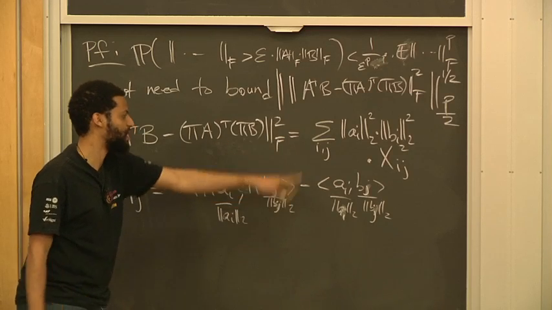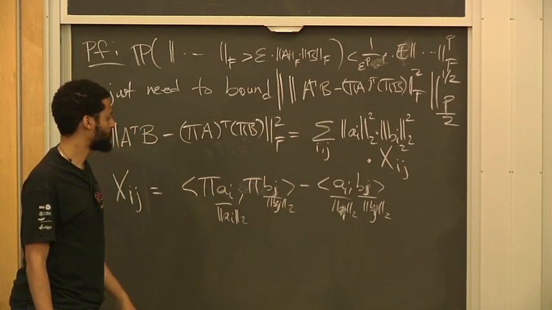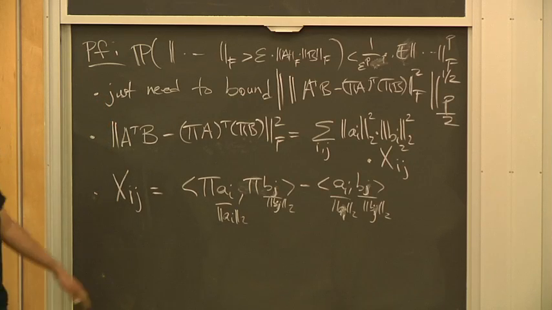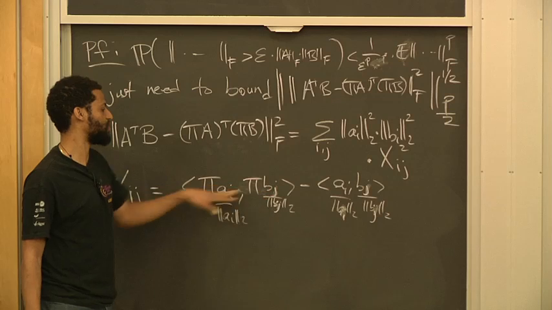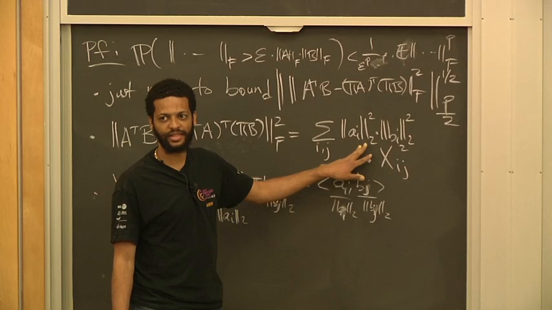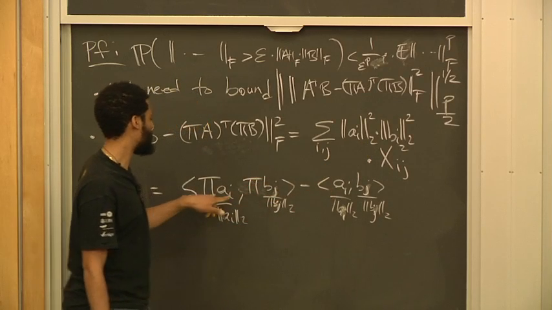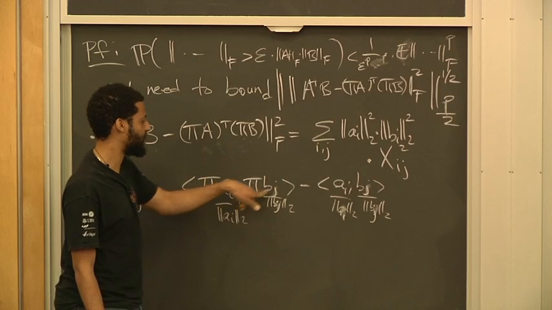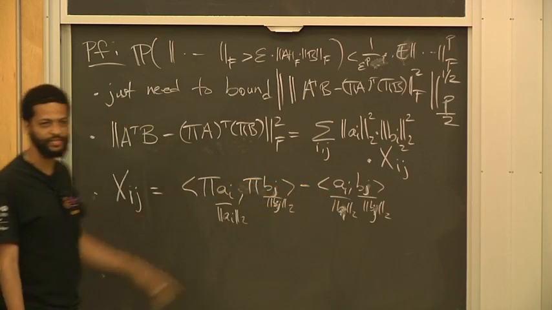Maybe I should have reversed these, but I'm squaring it, so it doesn't matter. And I'm dividing by the norm so that these vectors are actually unit norm vectors, but then I'm scaling back by the squared norms. So I'm actually getting pi ai dot pi bj minus ai dot bj.